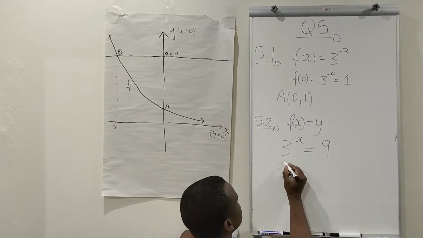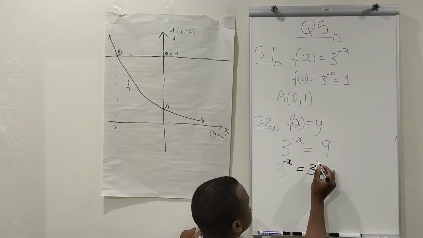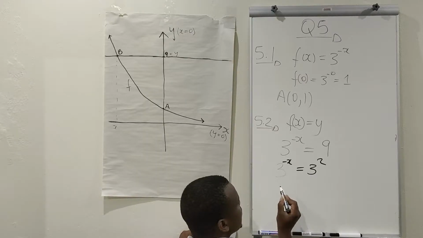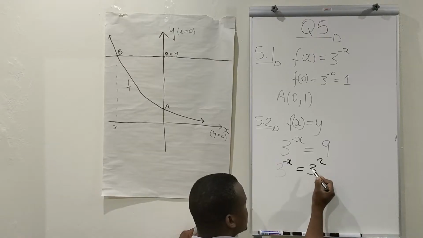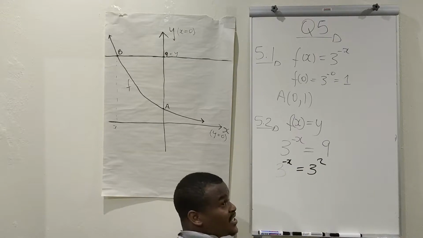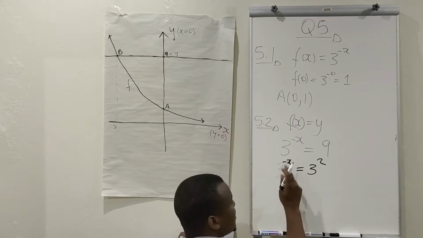So 3 raised to negative x is equal to 3 raised to 2, because 3 squared is equal to 9. When the bases are the same, you just drop them and leave the exponents.